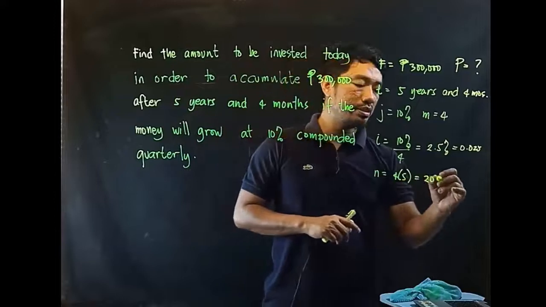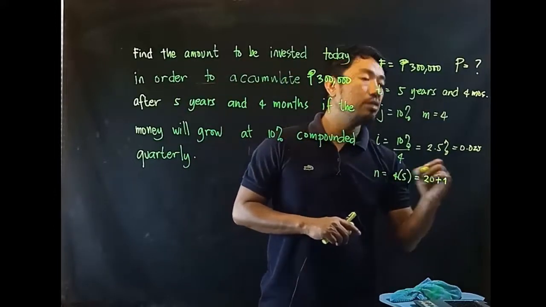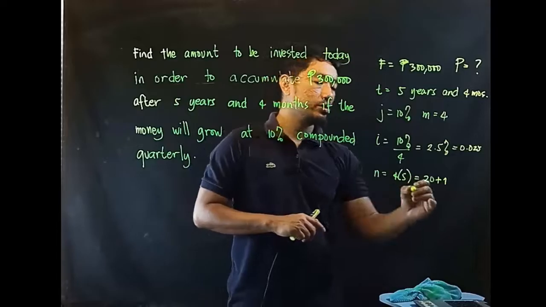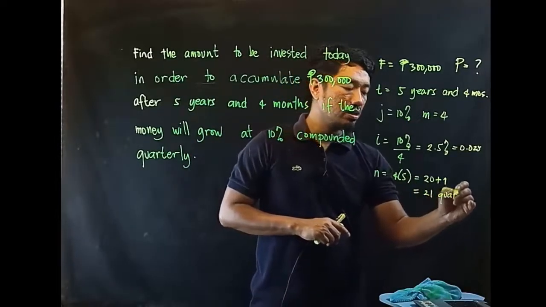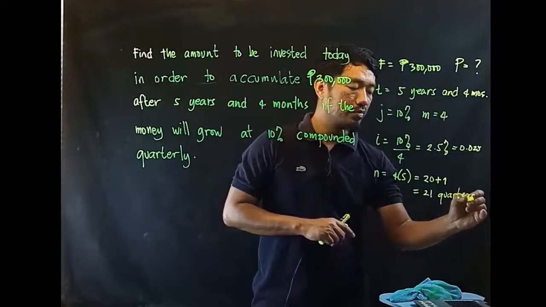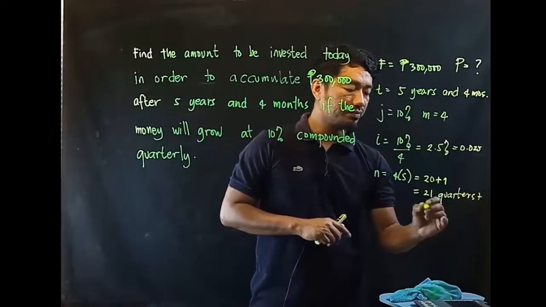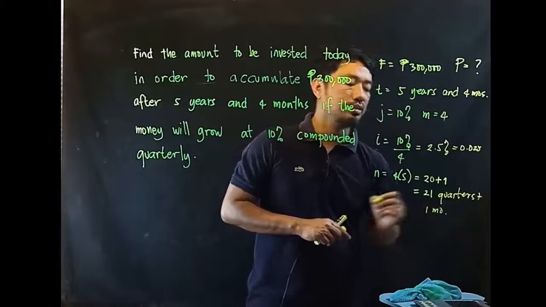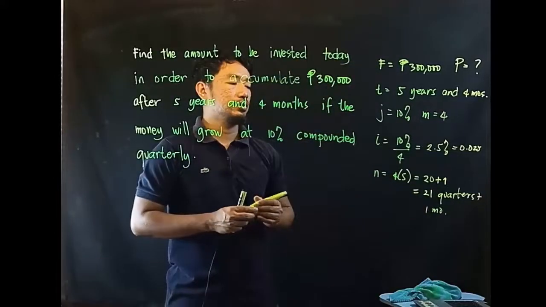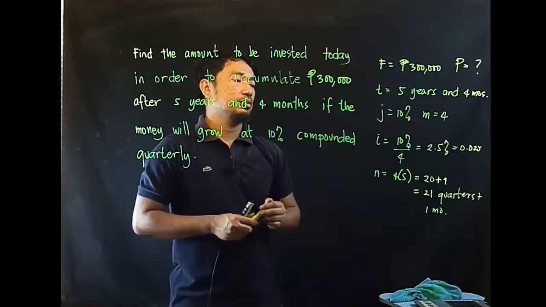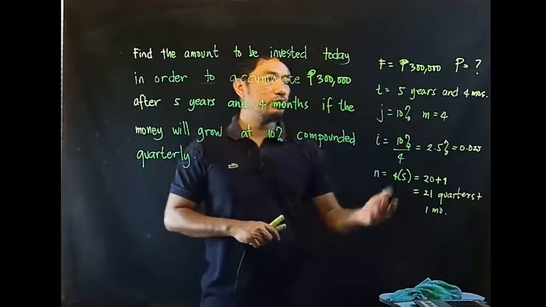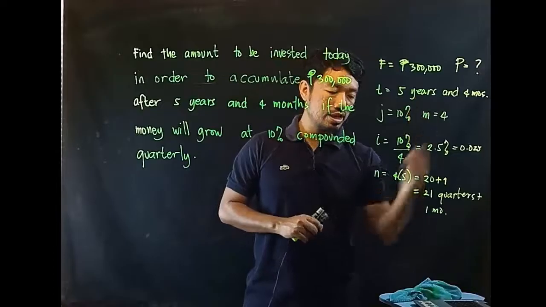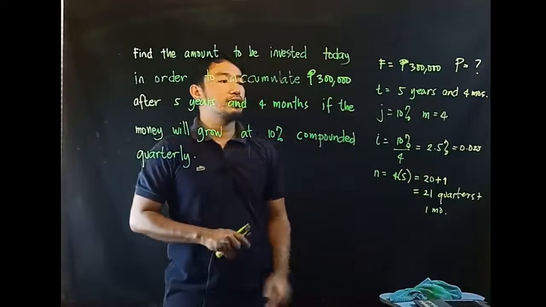So we can add another quarter here. So that's 21 quarters plus 1 month. So 21 quarters and 1 month is equivalent to 5 years and 4 months.